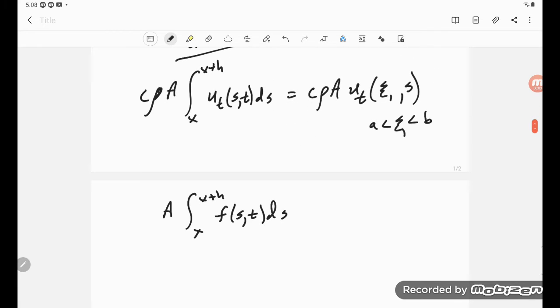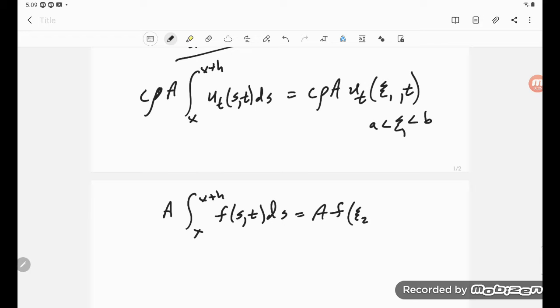And so, that A comes along for the ride, and then f of some c2, because there's no reason to believe they're the same thing. Oh, and I wrote an s here. That should be a t. Not sure why I wrote an s up there. I just noticed that. That's a t.